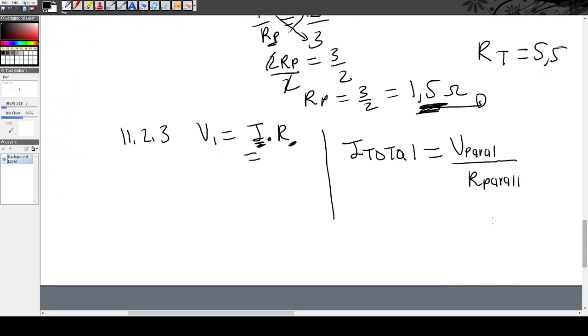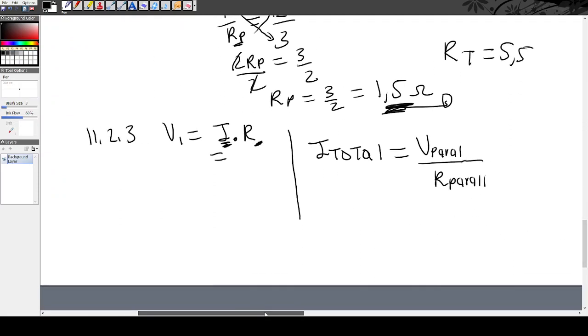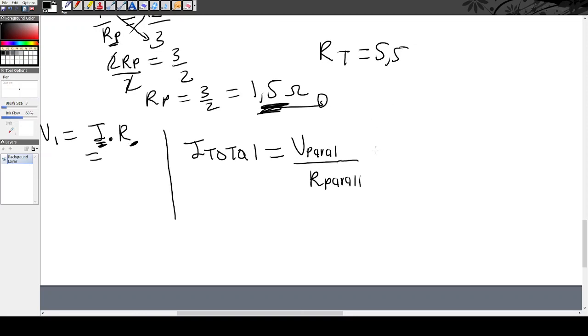Okay, let's find this I total. So V parallel, the V parallel is 4 volts. We're given that to be 4 volts. 4 volts over R parallel. The R parallel is what? It's 1,5. We were given that.